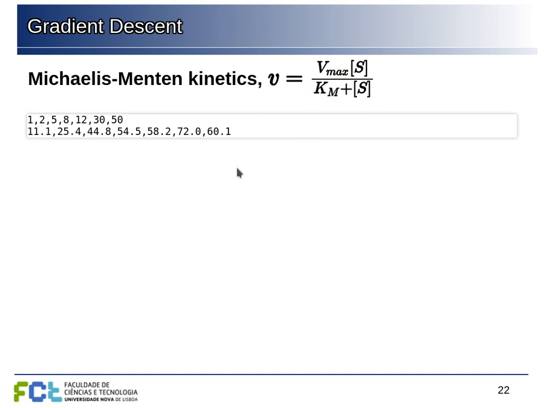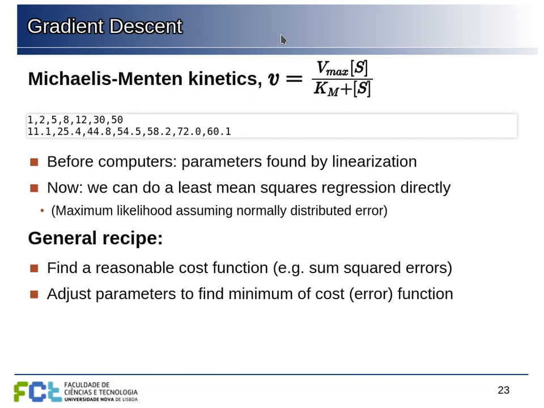So this would be the relation between the concentration of the substrate and the initial velocity measured of the reaction, and it depends on these two parameters, the maximum velocity and the concentration at which the initial velocity is 1/2 of the maximum. Now, suppose that we did these experiments, we tried different concentrations of substrate, and for each concentration we measured the initial velocity. So this gives us a set of data points. And if you don't want to use programming and computers and so on, there is a way to solve this by linearizing using logarithms and so on, and then doing a linear regression.